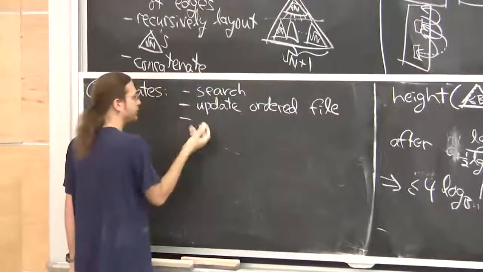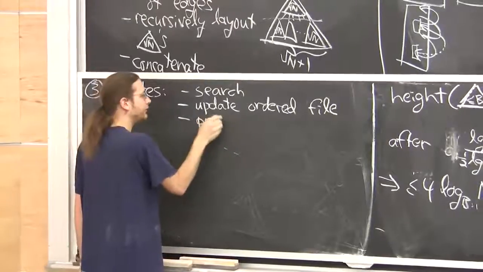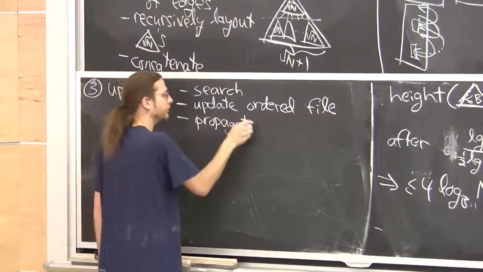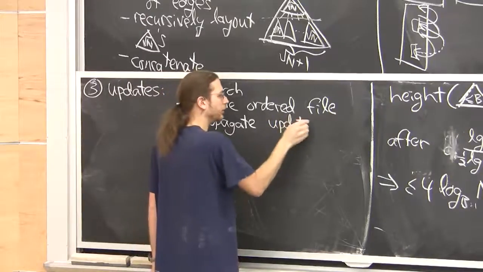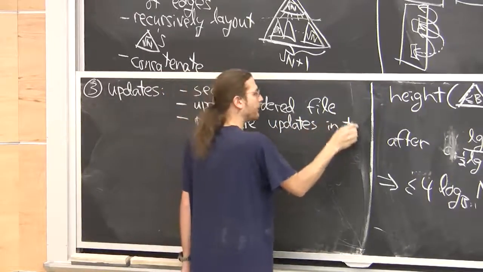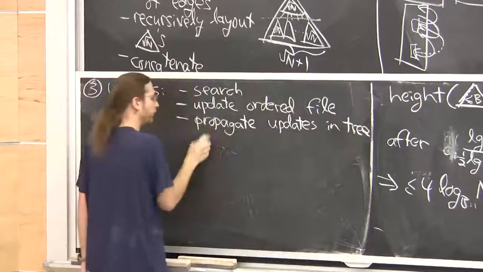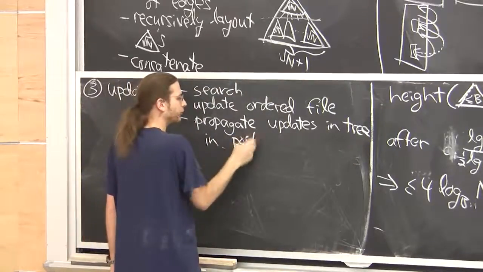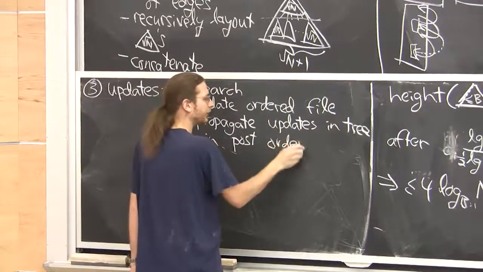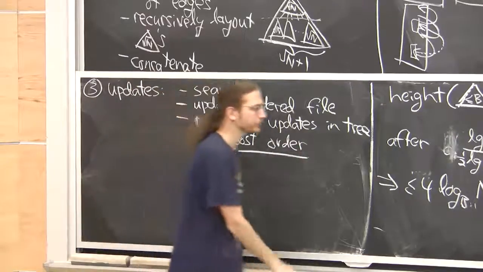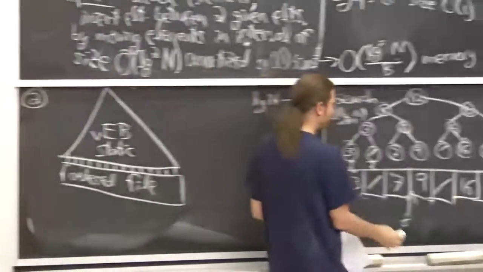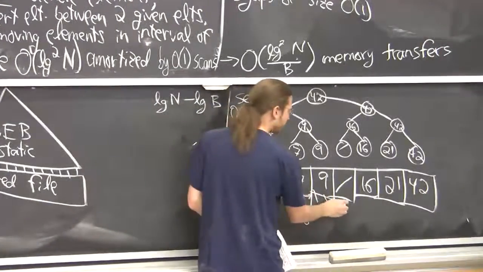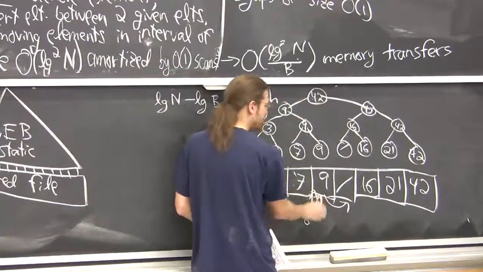And then we want to propagate changes into the tree in post-order traversal. That's the one thing I wanted to specify. It actually matters in what order I update the items. So for example, suppose I move 9 to the right and then I insert 8 here.